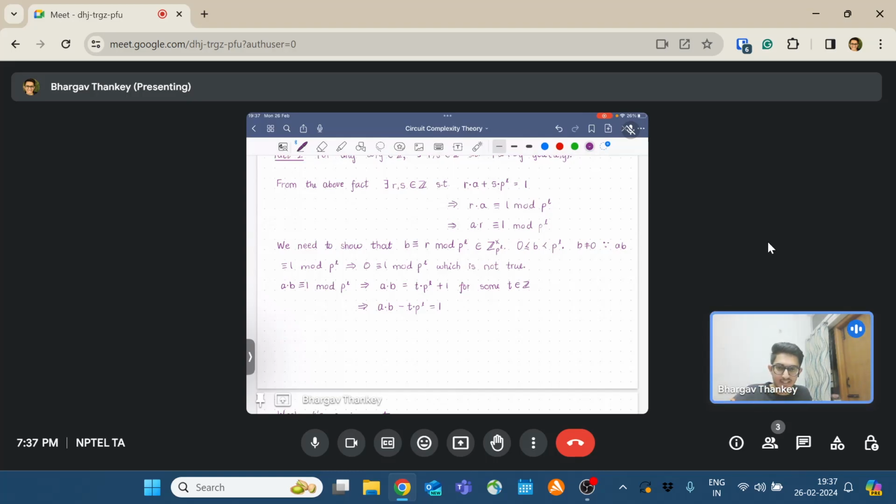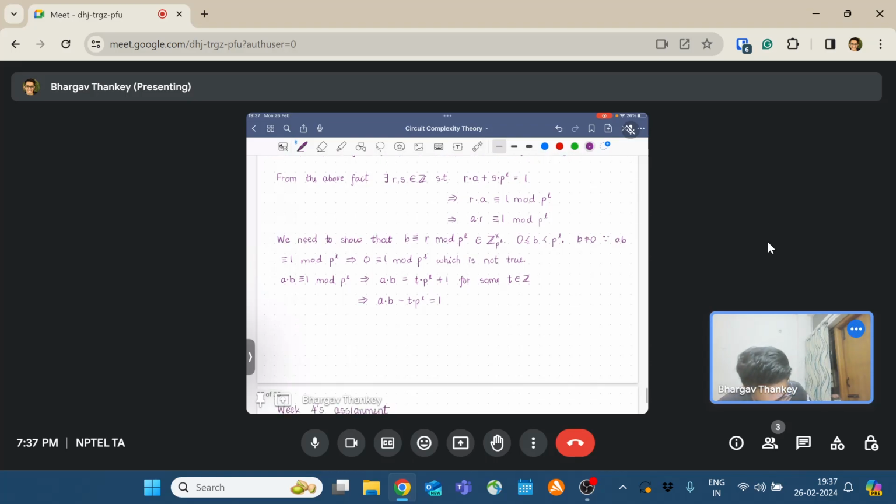Now, what do we want to prove? We want to prove that the GCD of B and P to the L is not, wait, no, not 0, it's not P. We want to prove the GCD of B and P to the power L is 1.